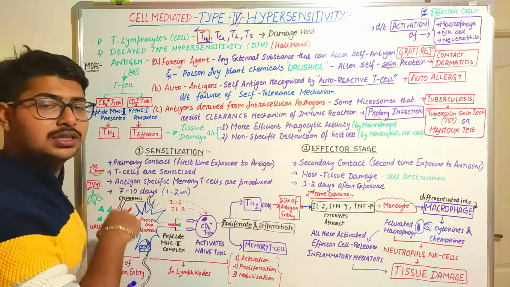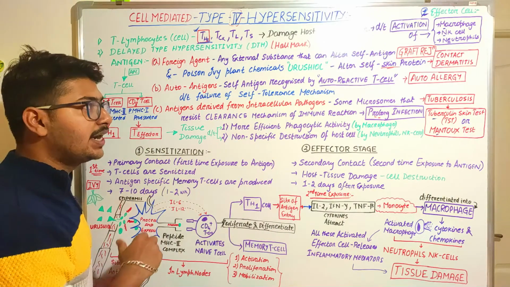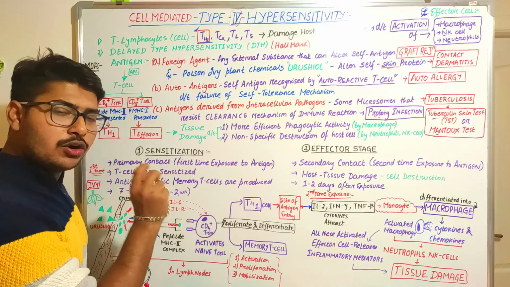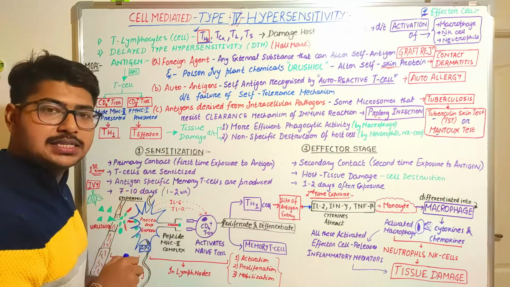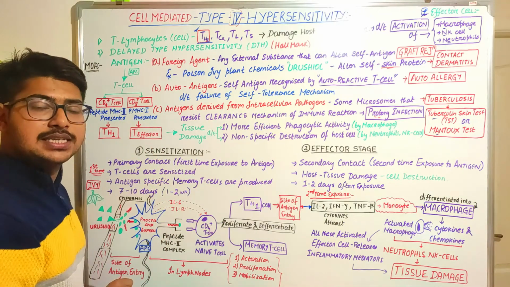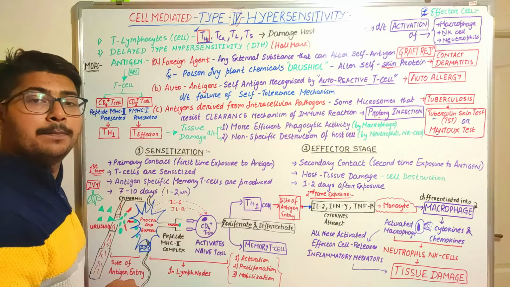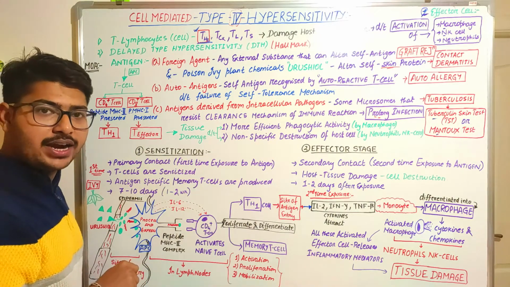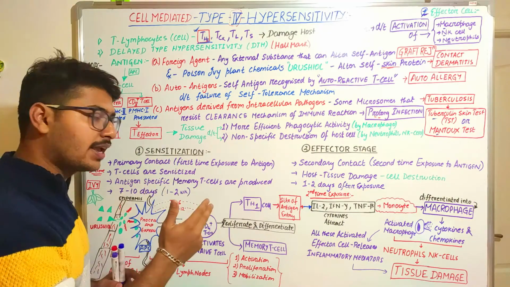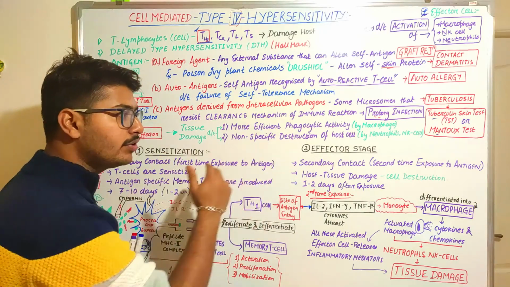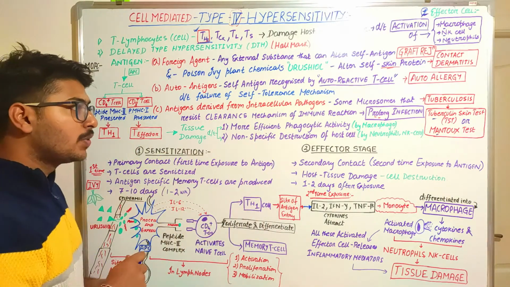Let's see how the process is mediated by the T cells. If we consider the actual mechanism of the cell-mediated hypersensitivity reaction, this reaction has been divided into a first and a second stage. The first will be the sensitization stage and the second one will be the effector stage.